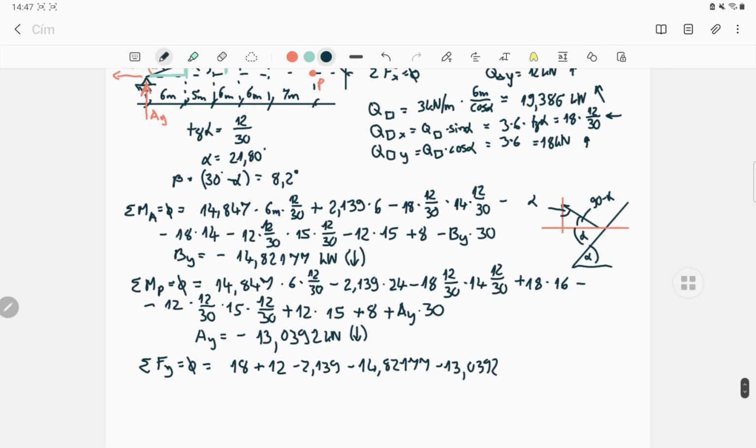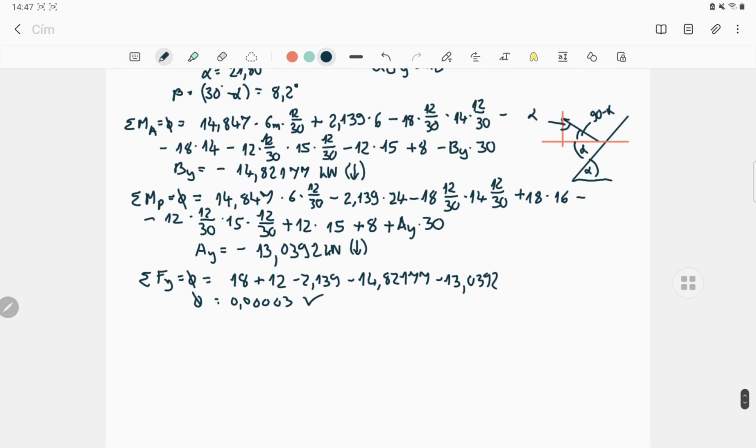Okay, let's see. 18 plus 12 minus 2.139 minus 14.82177 and minus 13.0392 is 0. Exactly 0.000 and one more 0.3. So that is enough for us. It's good. So both AY and BY are good.